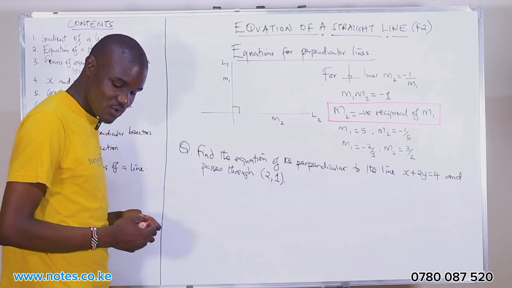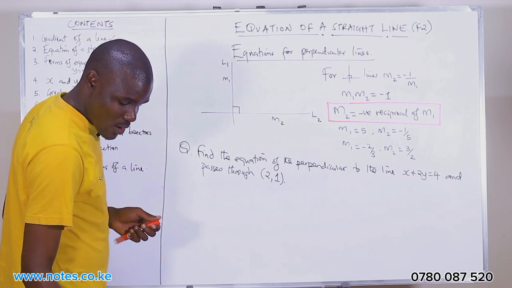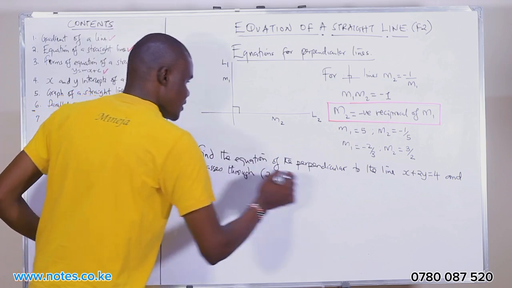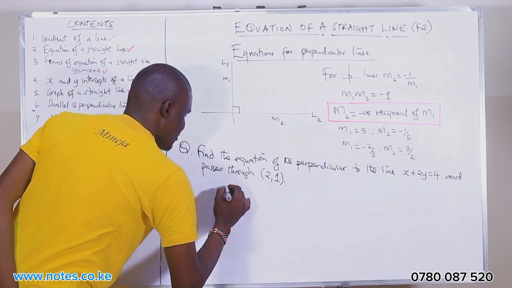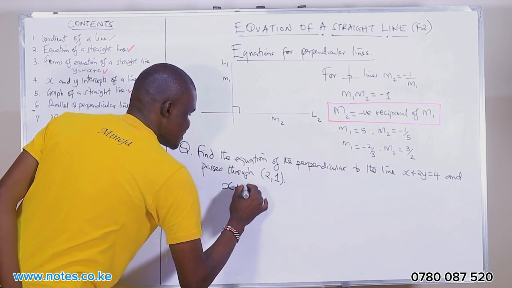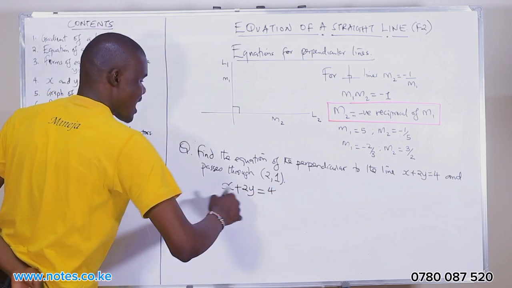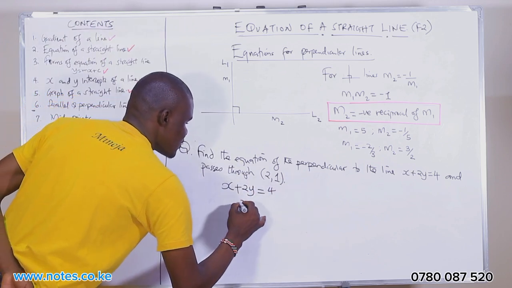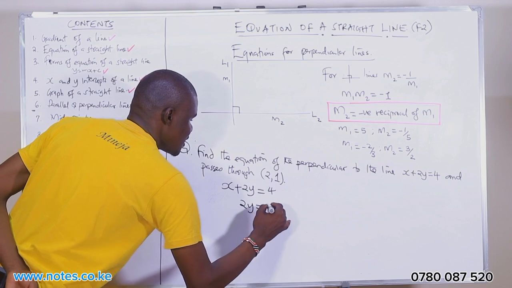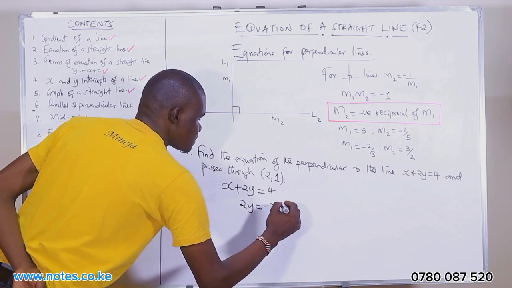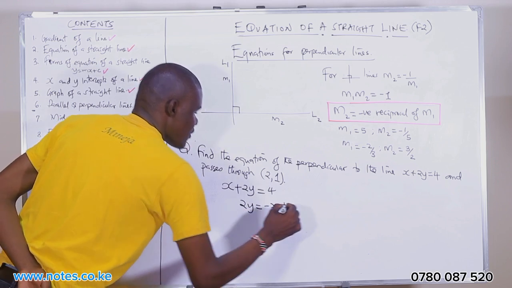So what is the solution for this? We want to write this in the form of y is equal to mx plus c. So you make y the subject of the formula. So we are going to have 2y is equal to negative x plus 4.